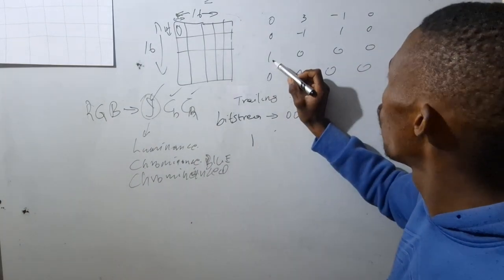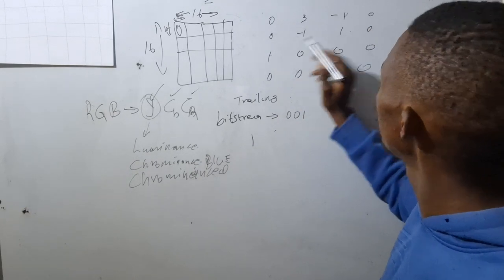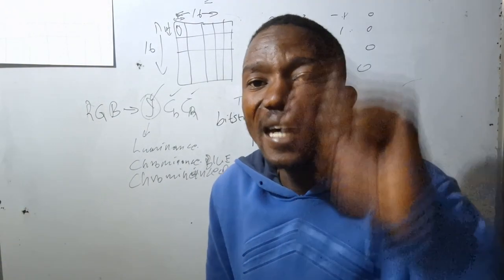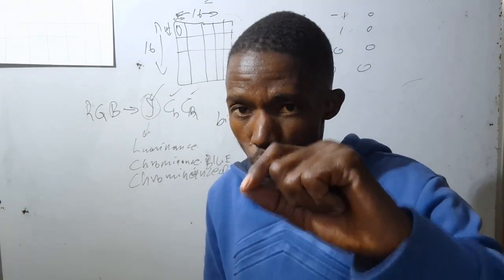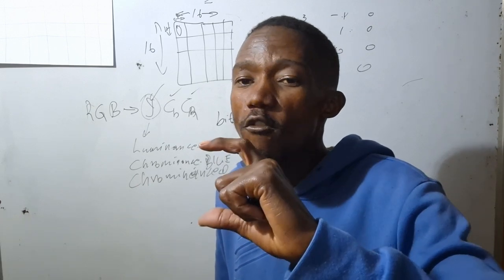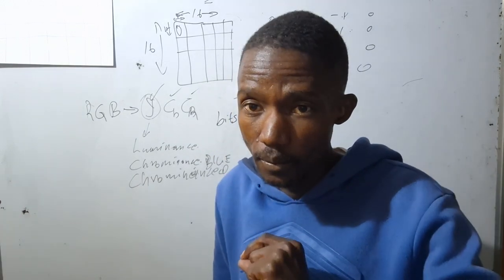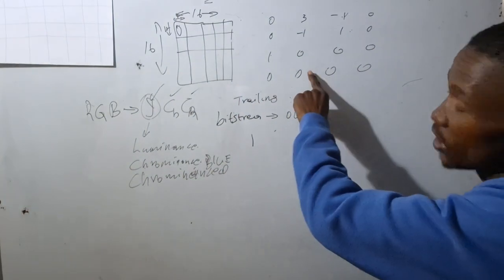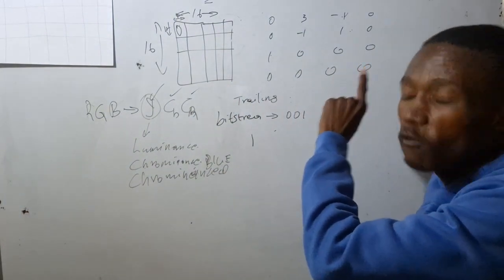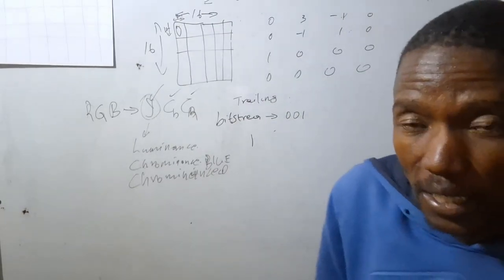We have 1, 2, 3, 4 of those values. We have non-zero absolute values which have a value of 1. In this example, we have 4 of those values, right?